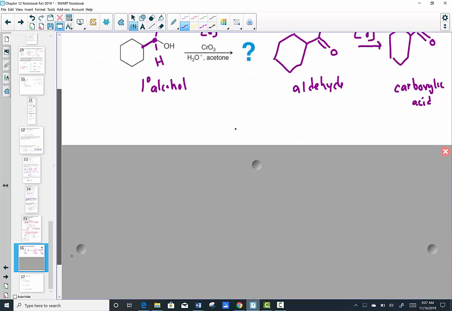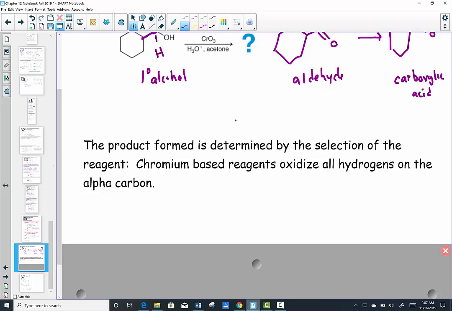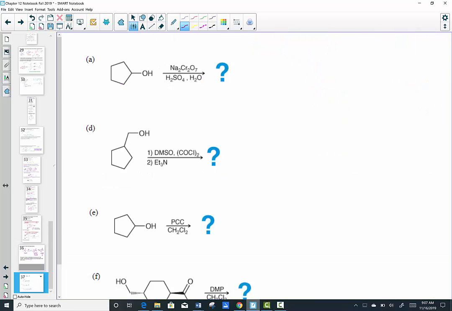Selection of the reagent determines how many oxidative steps you will have. A chromium-based reagent oxidizes all hydrogens at that alpha carbon, so the final product is COOH, the carboxylic acid. I cannot isolate the aldehyde. You have some to try.